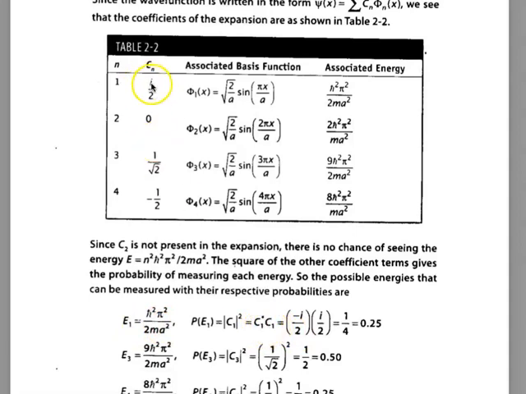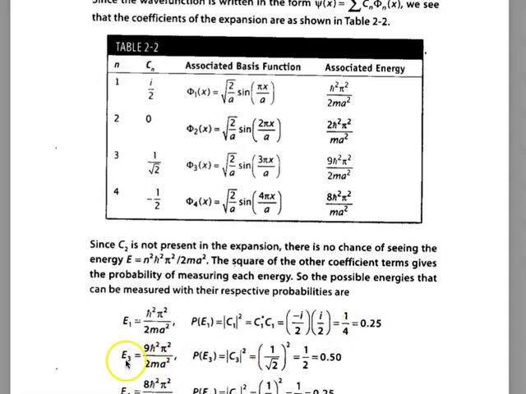And C sub 1 star is negative i over 2, and C sub 1 is positive i over 2, so that's 0.25. That's a 25% chance that the system is going to be in the E1 energy, in the phi 1 state.